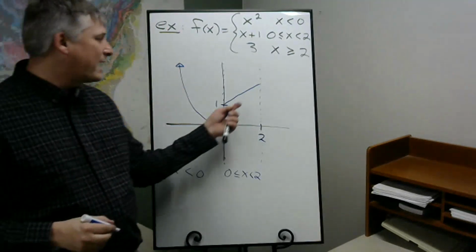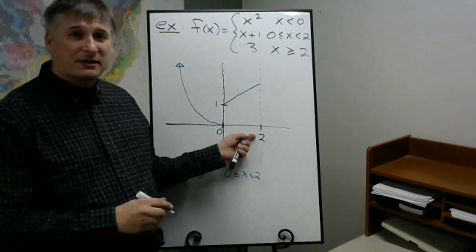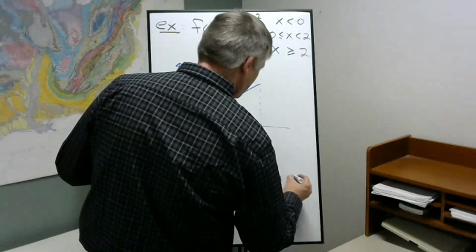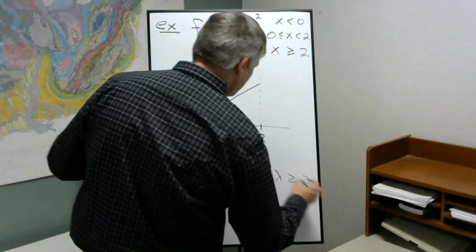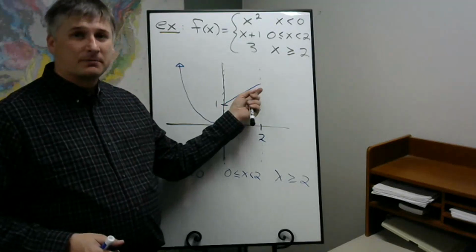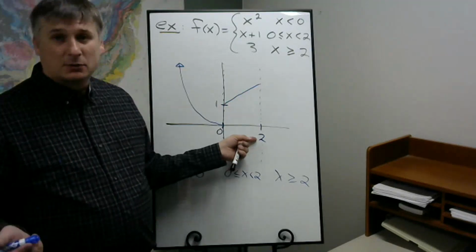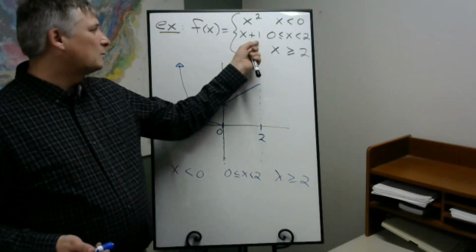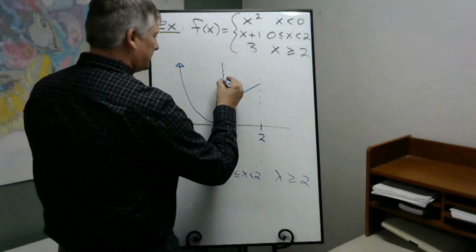And then we're going to get to the boundary between the second phase and the third phase. So what is this doing at the boundary? Well, the boundary is at x equals 2. So if we plug in x is 2, add 1, we're going to get 3.